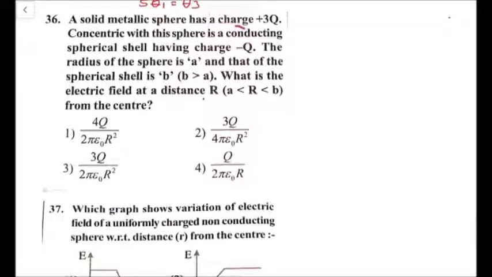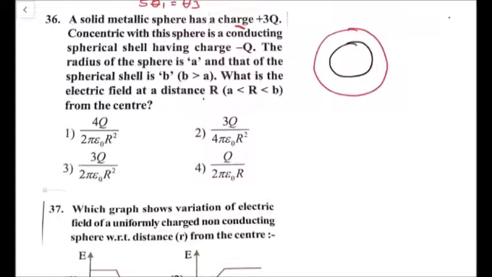Next, for question number 36. In question number 36, a solid metallic sphere has a charge plus 3q. Concentric with this sphere is a conducting spherical shell having a charge minus q. For example, this is a solid metallic sphere and it is surrounded by another spherical shell, like this.